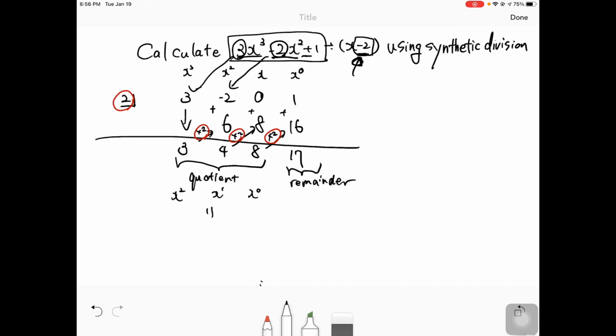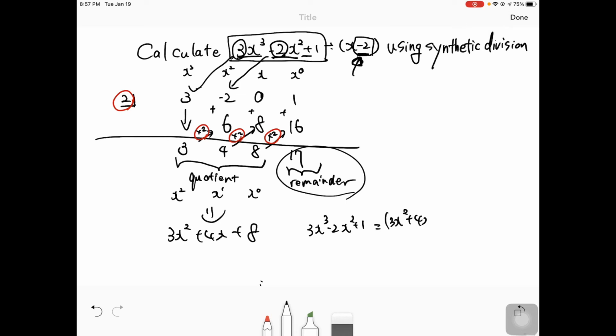So the quotient is going to be 3x squared plus 4x plus 8. And this one is the remainder. So you can write 3x cubed negative 2x squared plus 1 equals 3x squared plus 4x plus 8 times x negative 2 plus 17.